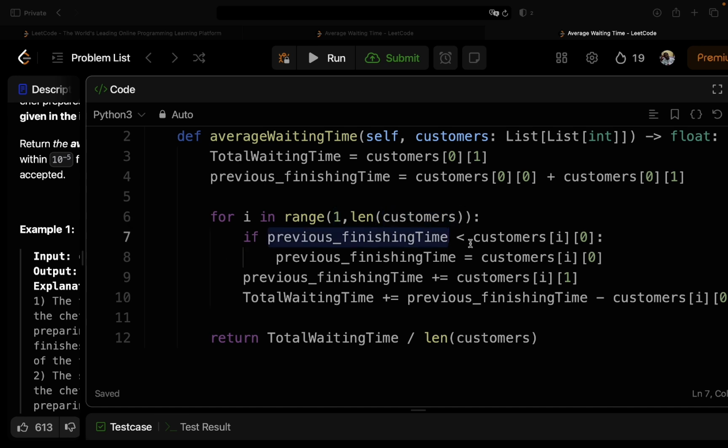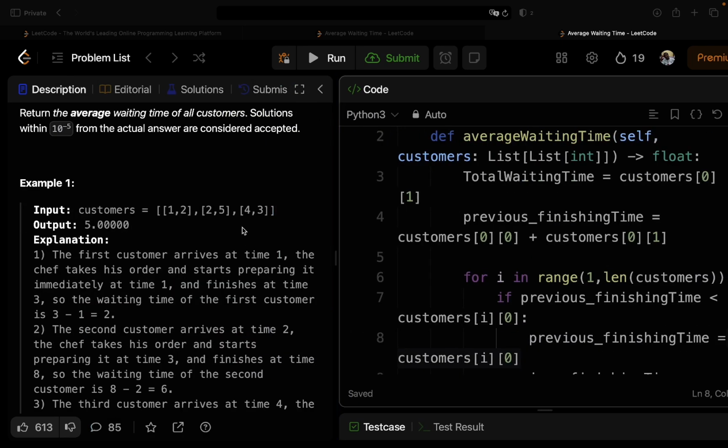There is one edge case: if the previous finishing time is less than the customer arrival time, then we will make the previous finishing time equal to the arrival time of that customer. An example of that is this one.